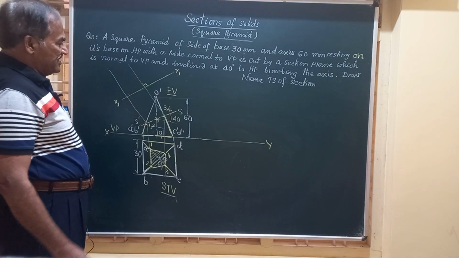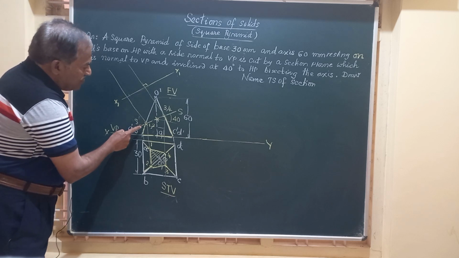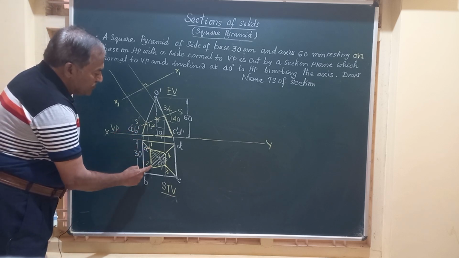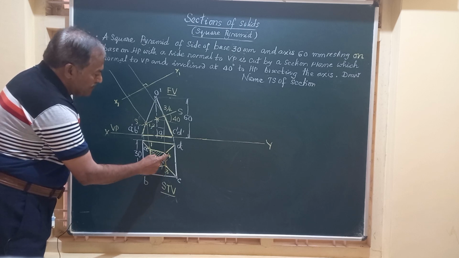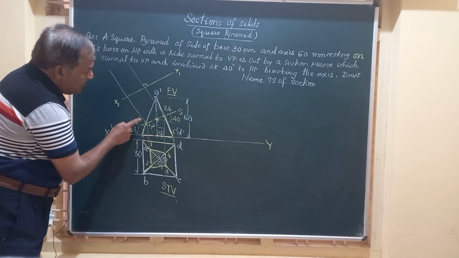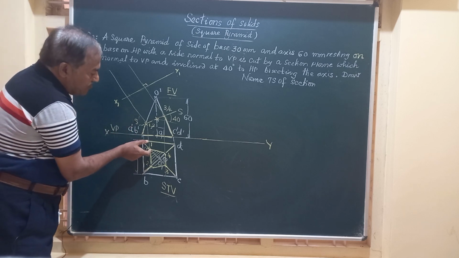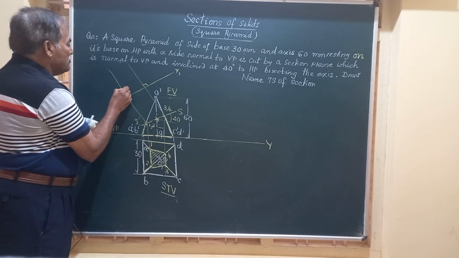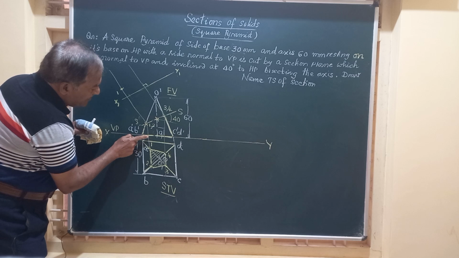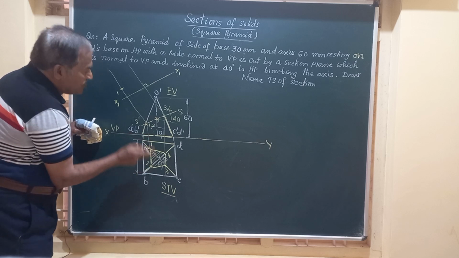So how to get it, friends? To get the true shape, remember, you have to take the distances of the points 1, 2, 3 and 4 from this xy. So 1 is on this line at a distance of this much, 1 to xy. I just mark it there. That is point 1. Similarly, from xy to this will give you 2.